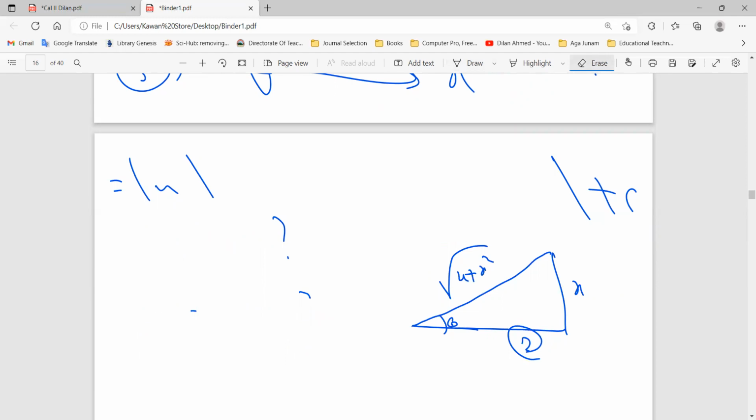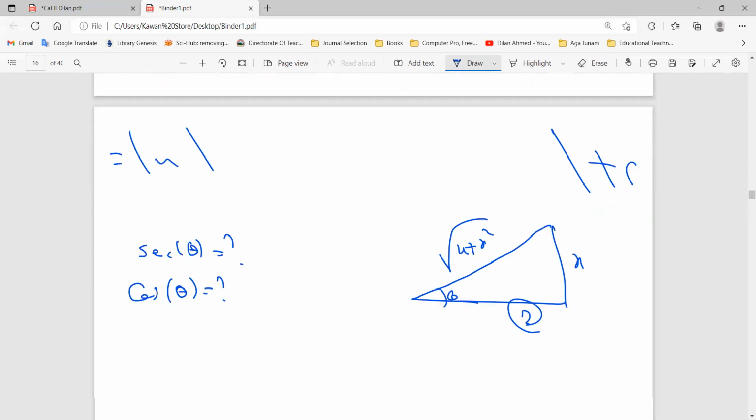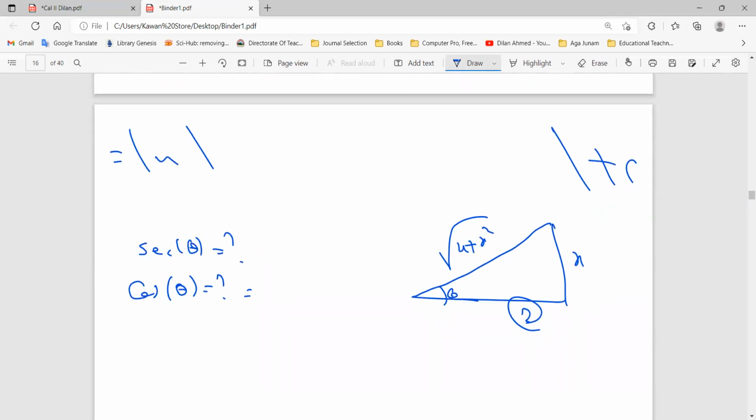I want to find secant. So I say secant of theta is equal to 1 over cosine of theta. I say cosine is equal to 2 over the square root of 4 plus x squared. Now 1 over cosine, it will be secant, right? So that's why we say square root of 4 plus x squared over 2.